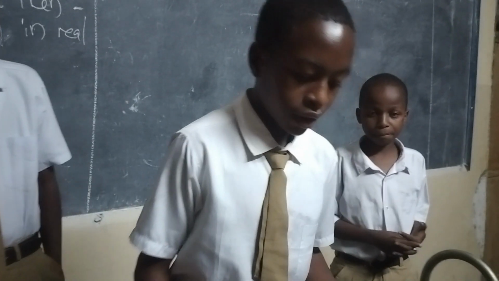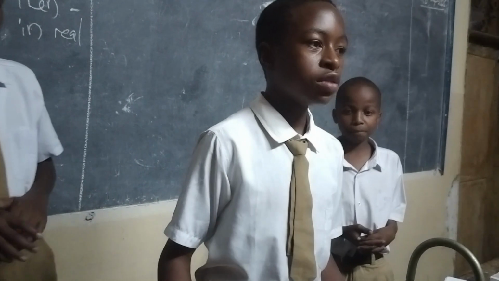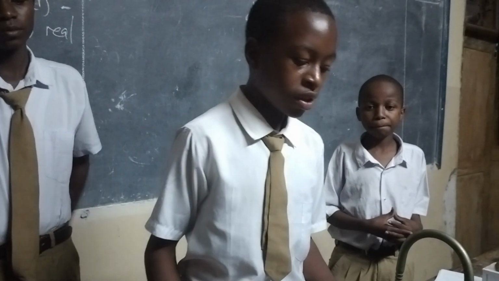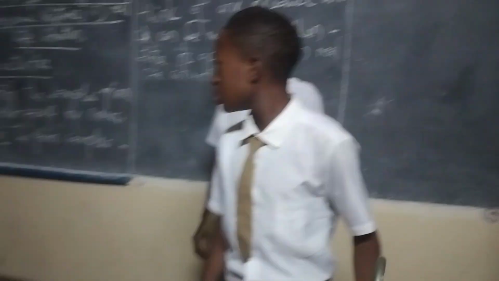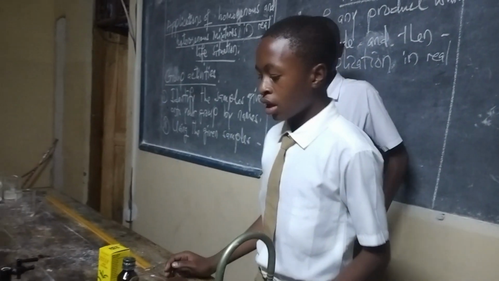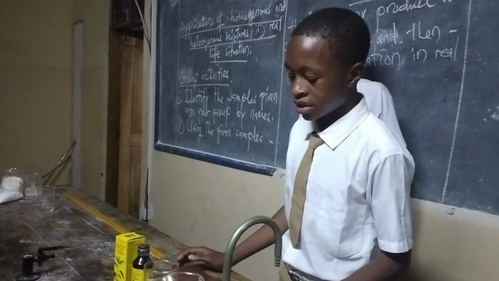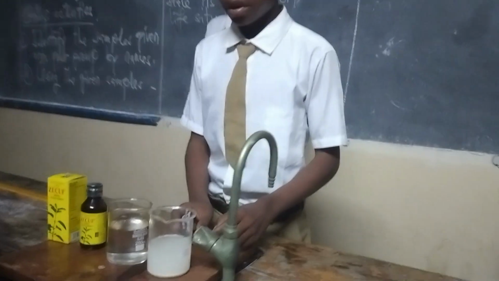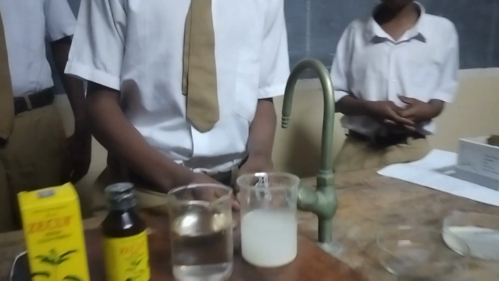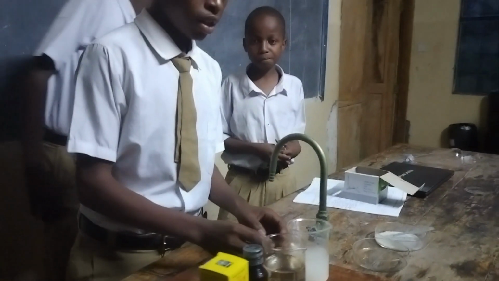Students, in front of you, we are here to present the task that was given. According to the instructions, you have to identify the samples given in our groups by grouping them according to their names. In front of you, you have the mixture of flour and water.